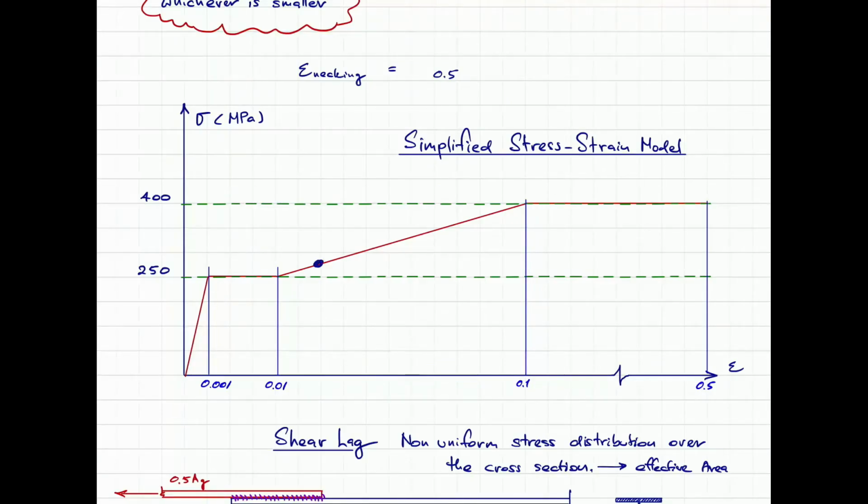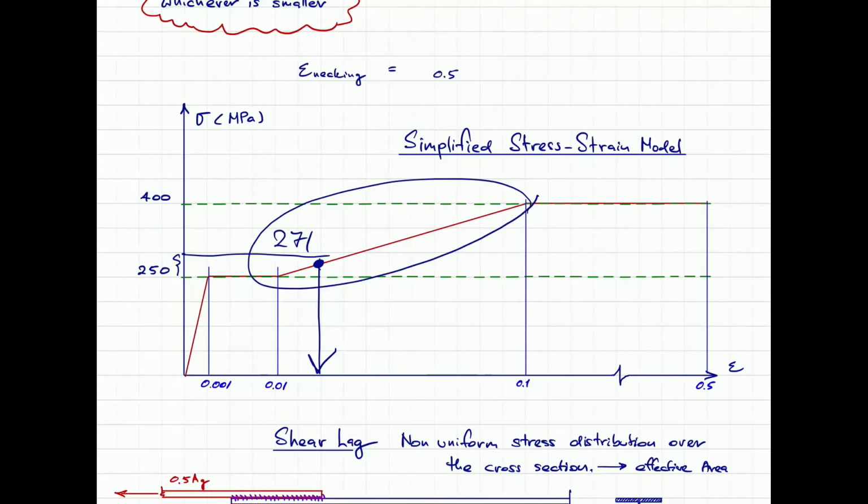271 is going to be somewhere around here. The thing is that you just need to figure out the corresponding strain to this 271. Right? So you take this difference from 250, and then you do the interpolation of this line.